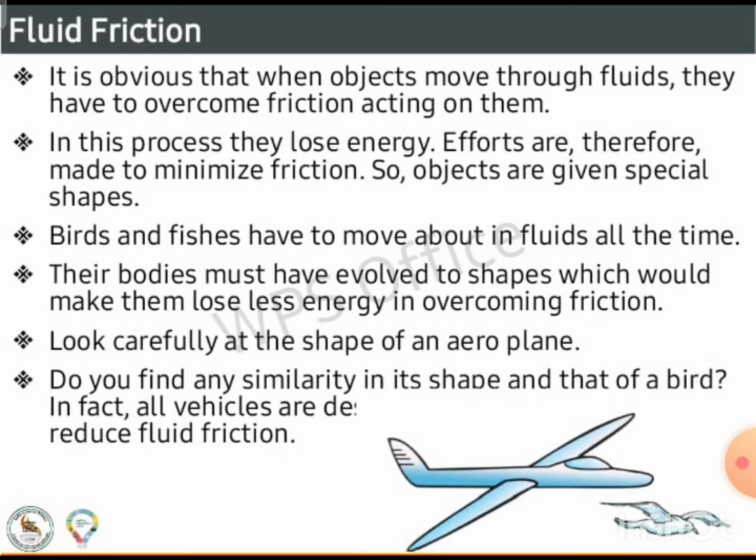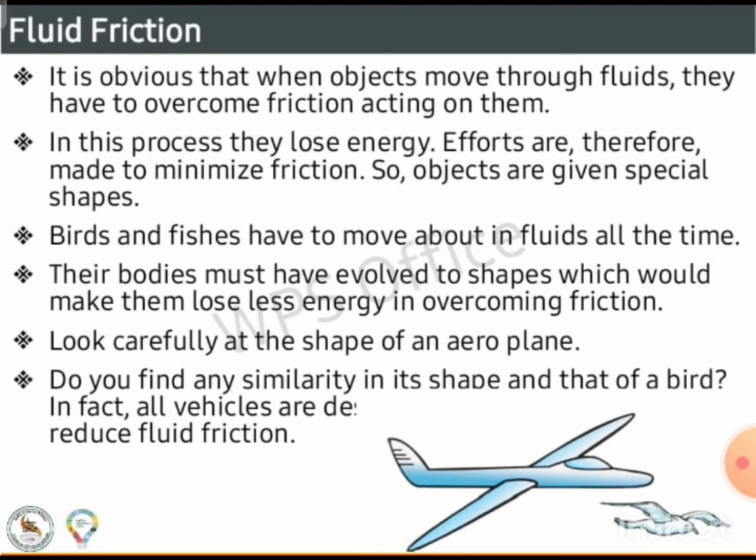It is obvious that when objects move through fluid, they have to overcome friction acting on them. In this process, they lose energy. Efforts are therefore made to minimize friction, so objects are given special shapes. Birds and fishes have to move about in fluids all the time.